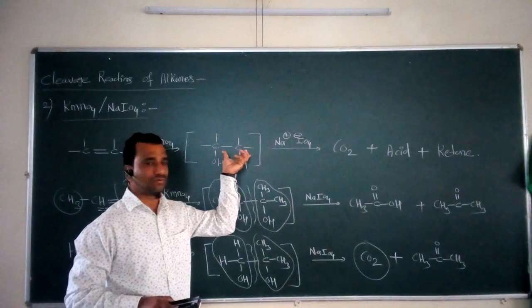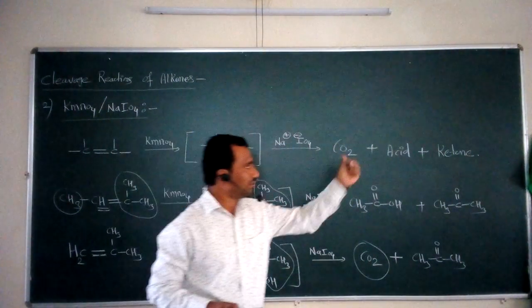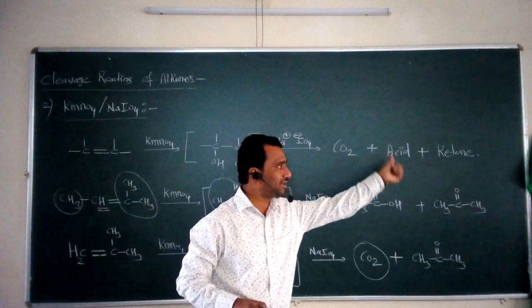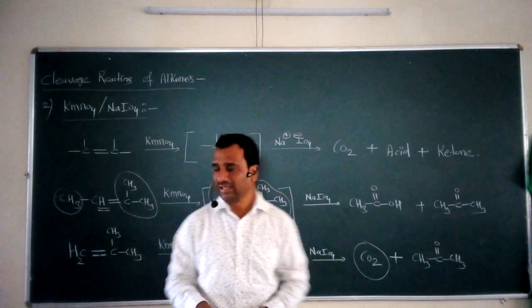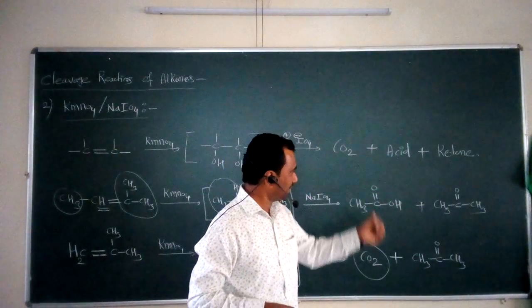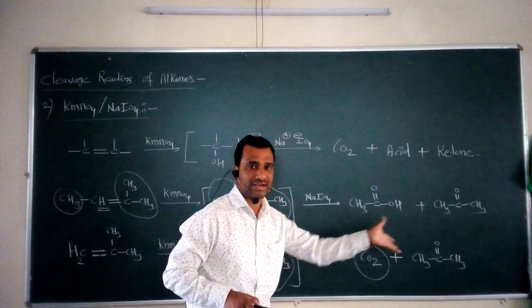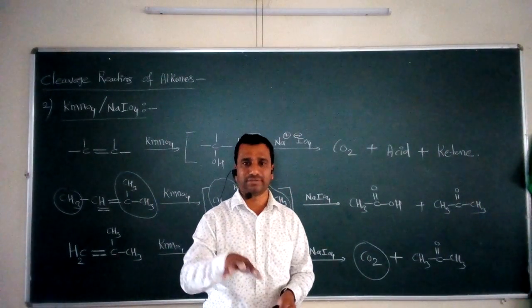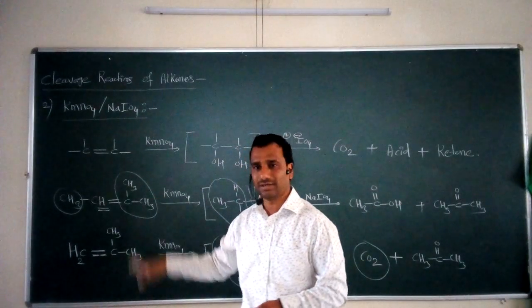The bond between these two carbons gets broken, and you get the possibility of three products. You may get CO2, you may get acid, or you may get ketone. This possibility of formation depends upon the respective structure of the alkenes. Either you will get acid plus ketone, or you may get carbon dioxide and this type of ketone. So this possibility of product formation depends upon the structure of the particular reactant molecule.